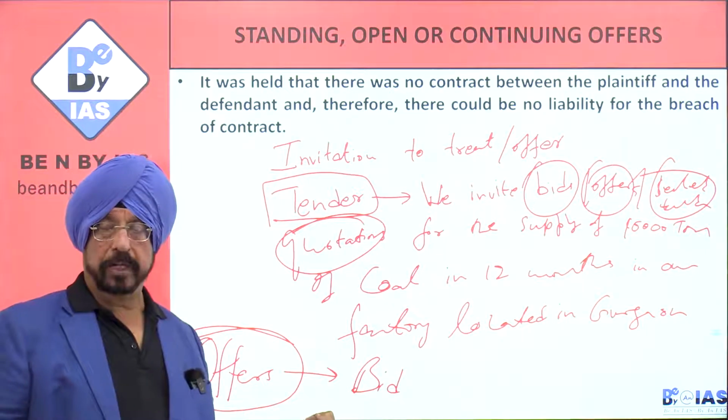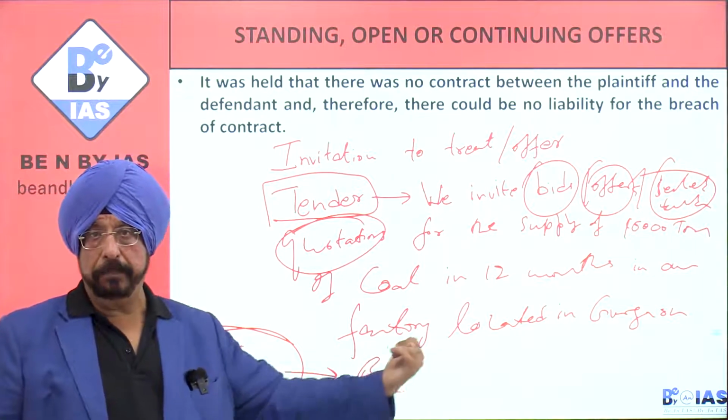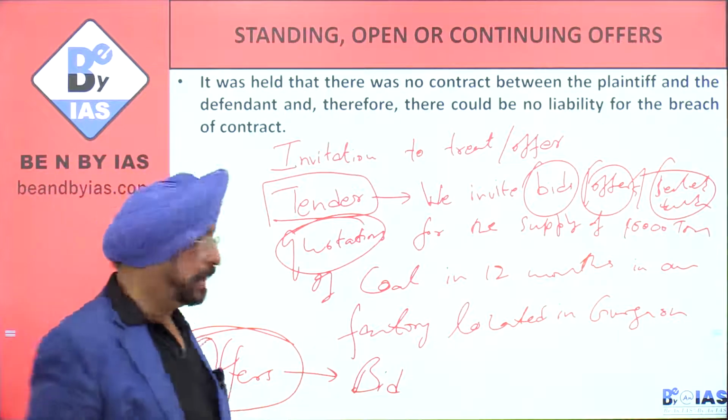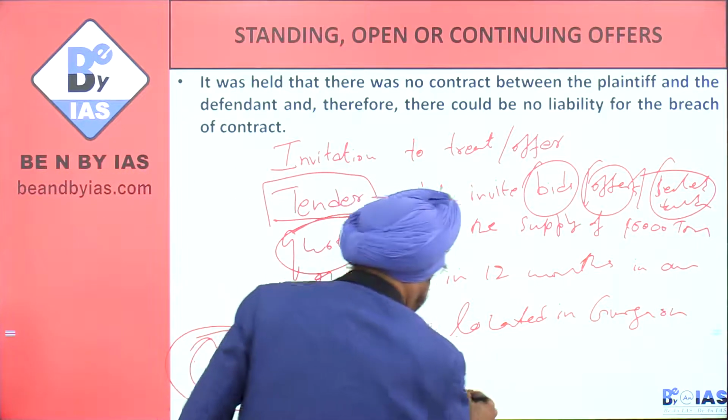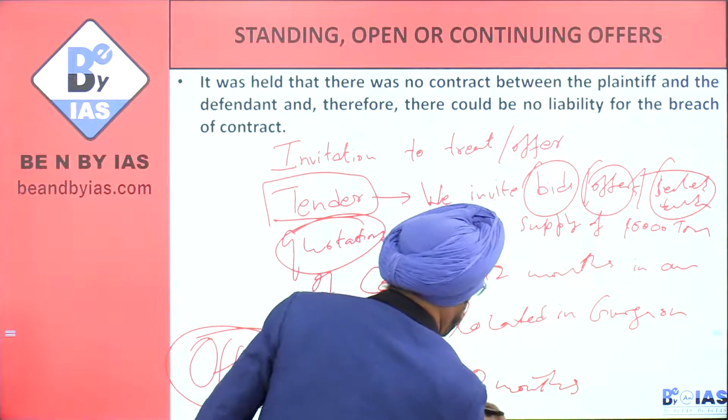Now this offer is for how long? What is the period? Time period of supply. 12 months. Time period of supply is 12 months.